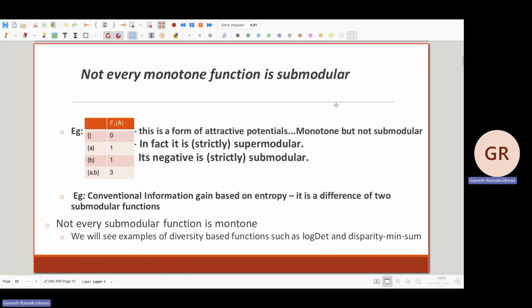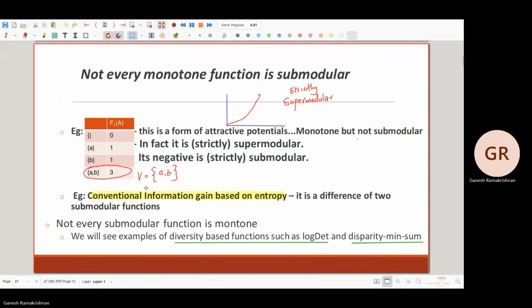Okay, so not every monotone function is submodular. That's very obvious. Look at this example, 0, 1, 1, 3, right? It's monotone. But is it submodular? Can you check? In fact, it's strictly supermodular. Its negative is strictly submodular. We can check that, right?